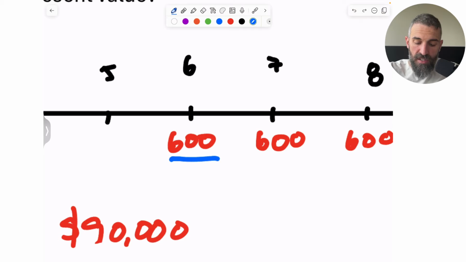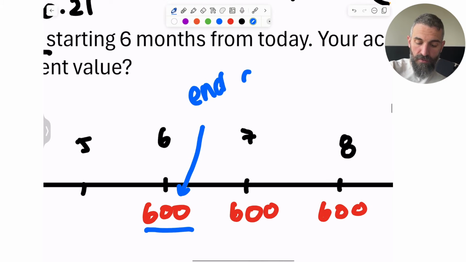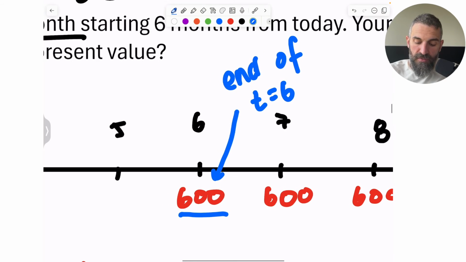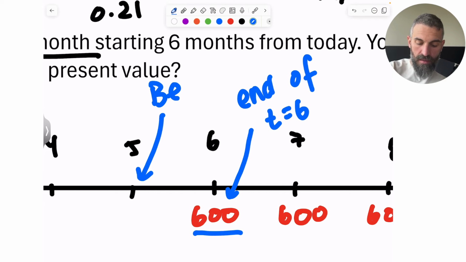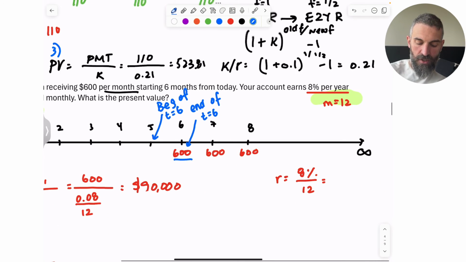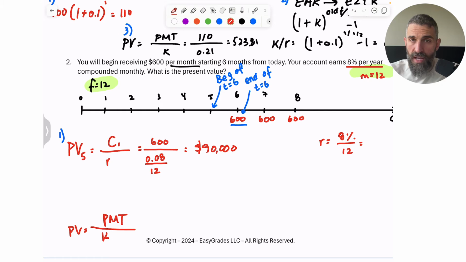So technically this is at the end of time 6. And the present value is right here at the beginning of time 6. So what you just found is actually the present value, sure, at period 5, which is not what we asked you for, but it is the correct first step.